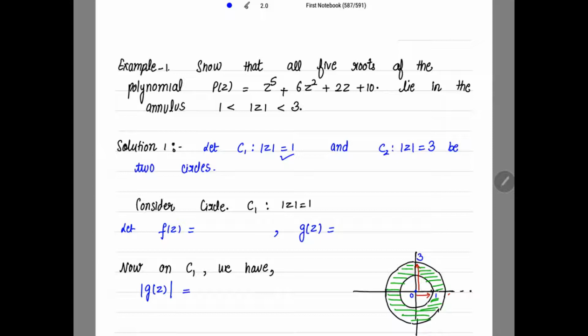So to prove the number of zeros of f(z) is equal to the number of zeros of f(z) + g(z), we need to show the condition that |g(z)| < |f(z)|.